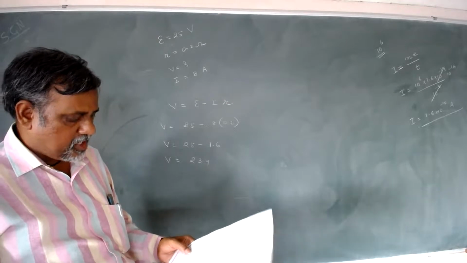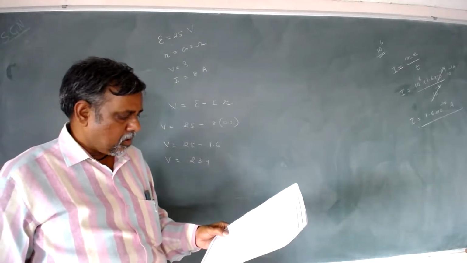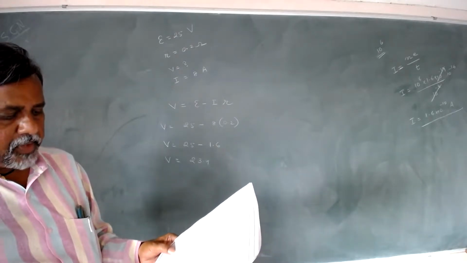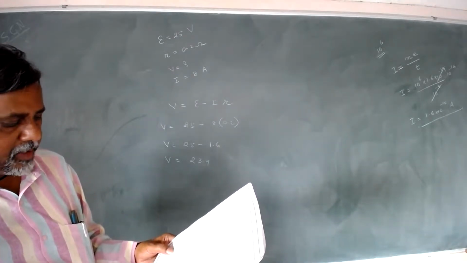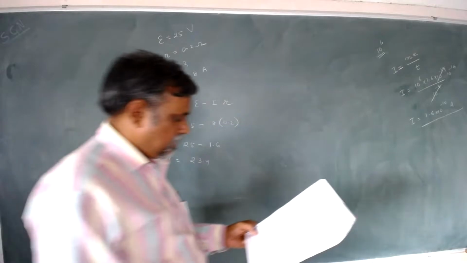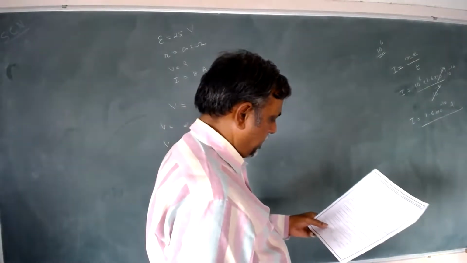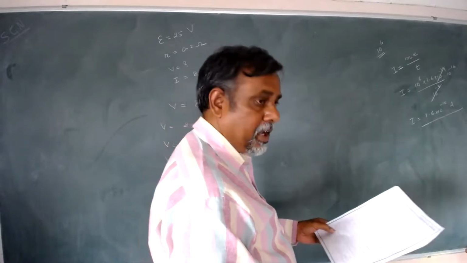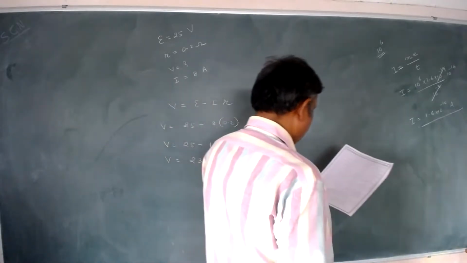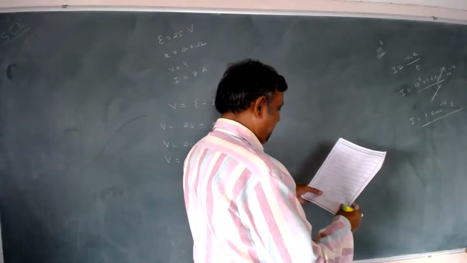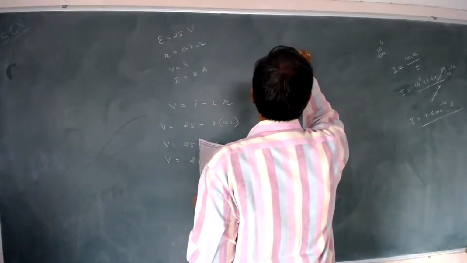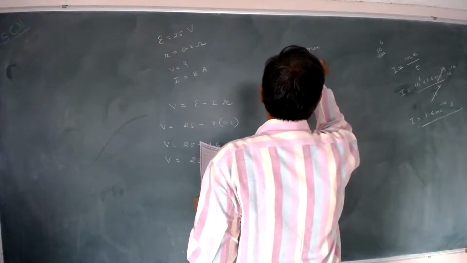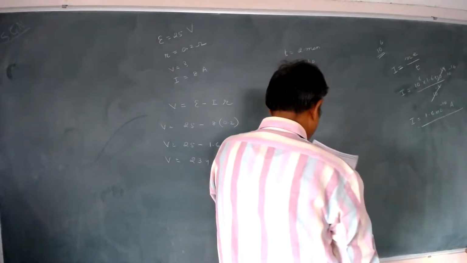Okay. Question number 58. How many electrons pass through a wire in 2 minutes if the current passing through the wire is 300 milliampere? So how many electrons pass through the wire in 2 minutes? 2 minutes is 2 into 60 seconds.